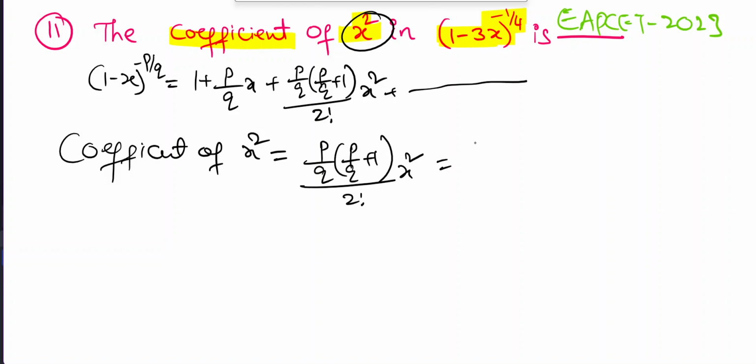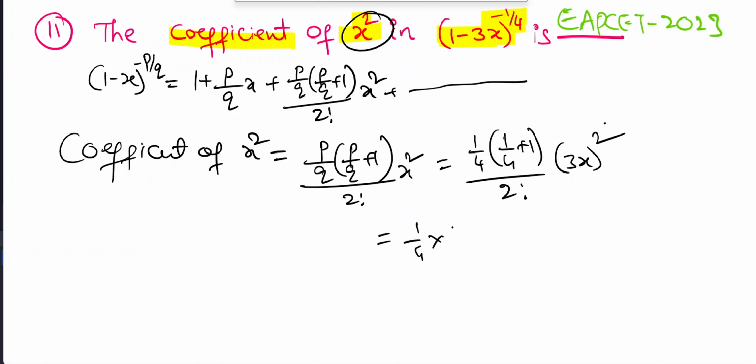So that is equal to p by q, that is given 1 by 4, into 1 by 4 plus 1 by 2 factorial, x square. X is given, this is 3x whole square. So we want x square coefficient, this is 1 by 4 into 1 by 4 plus 1, this is 5 by 4, into 1 by 2 factorial, this is 1 by 2, here 3 square is 9. So that is coefficient of x square is 5 nines are 45, 4 fours are 16, 2 twos are 32. This is the coefficient of x square in the given expansion.